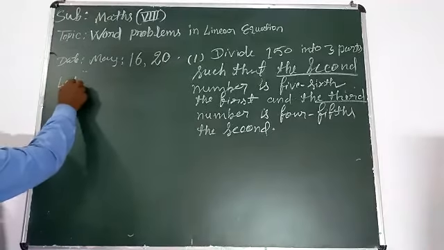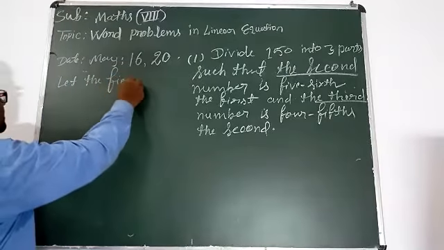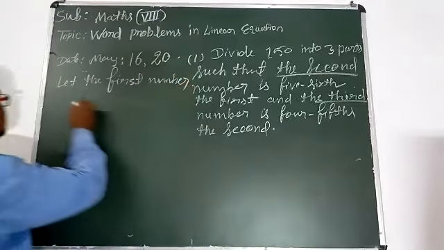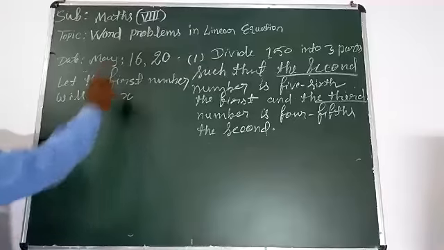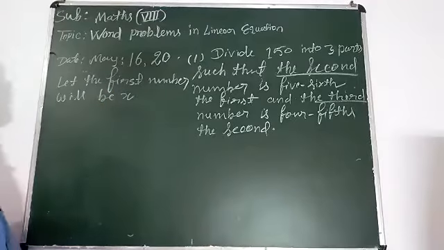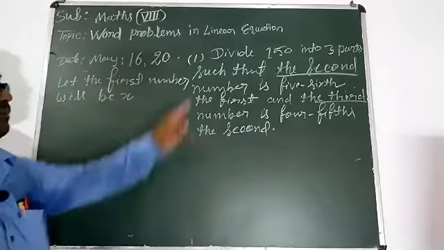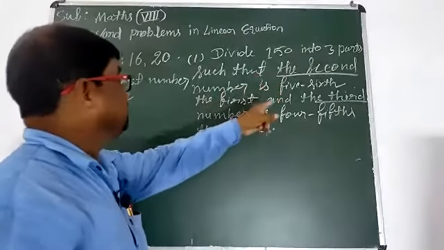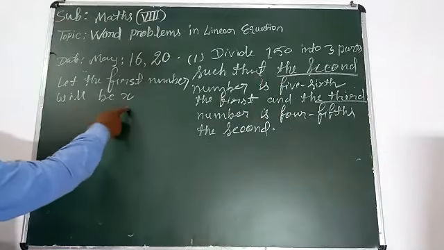Let the first number be x, because the first step of the condition given here is that the second number is 5/6 of the first number.